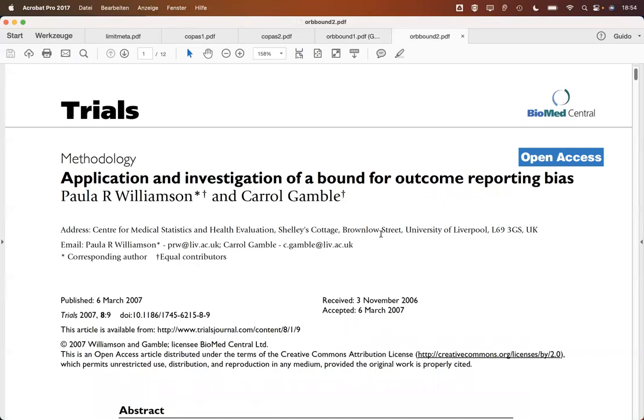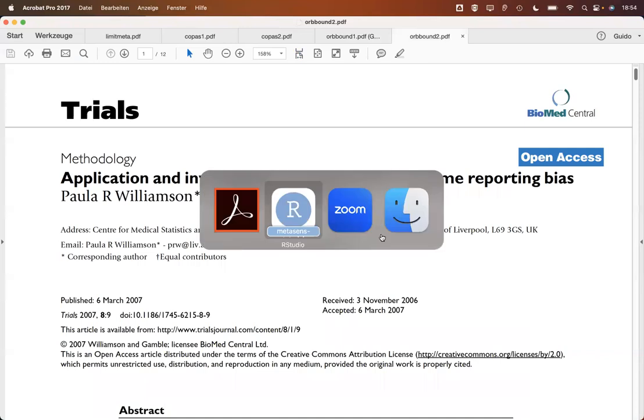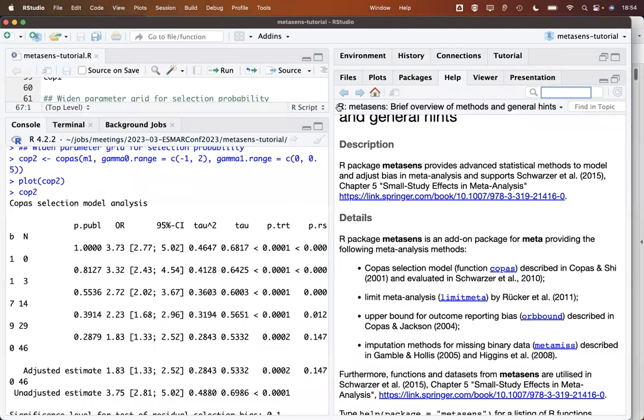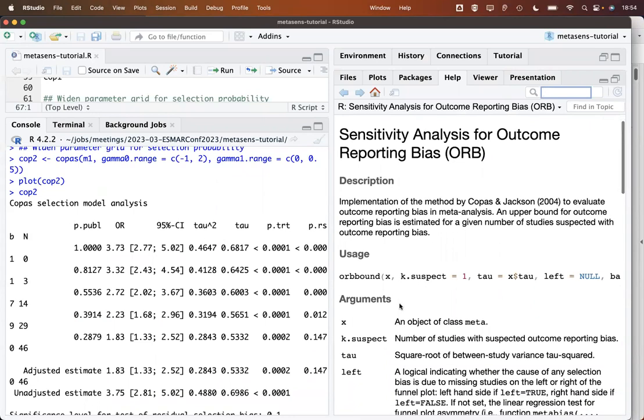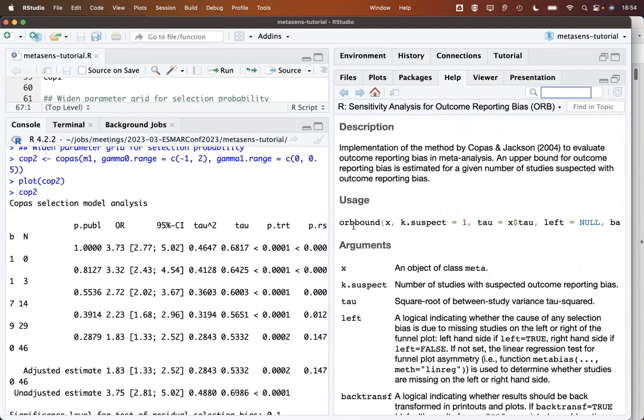So we have a number of studies that we can easily use in our analysis to see what the maximum bias is for a given number. This is the second argument of the ORB bound function, the case suspect argument.